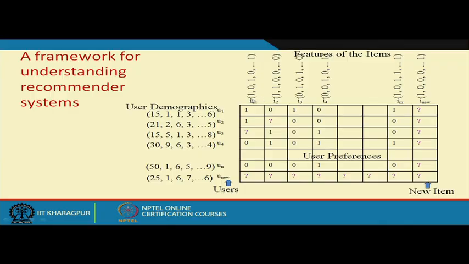For example, let us continue with our example of a book or a movie, where these details could be the name of the author, the number of pages, the topic, the publisher, and so on, and a category of the book.